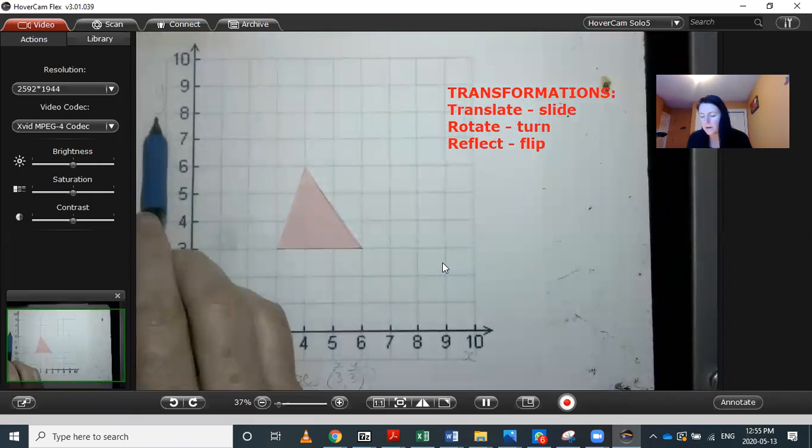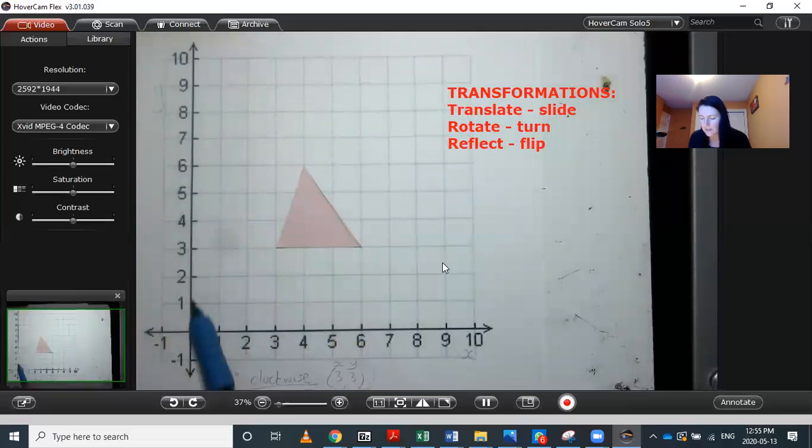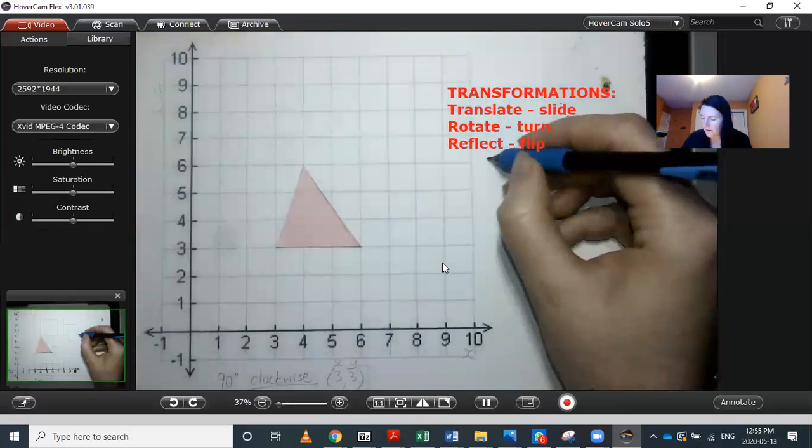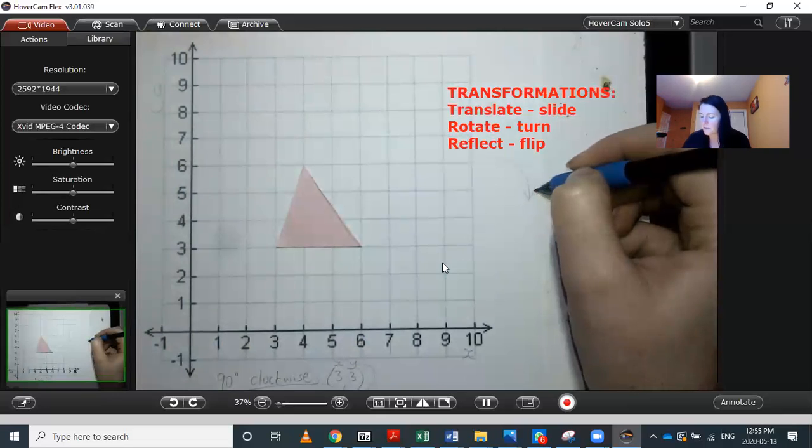Remember, an easy way to remember that is when you have the Y has a hanging tail, so it goes down, right? X does not. Okay, so clockwise, again, we remember it goes around the clock that way, clockwise. And 90 degrees, it must form a right angle.